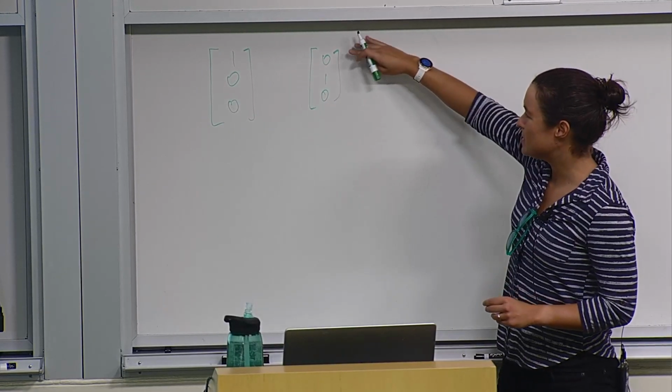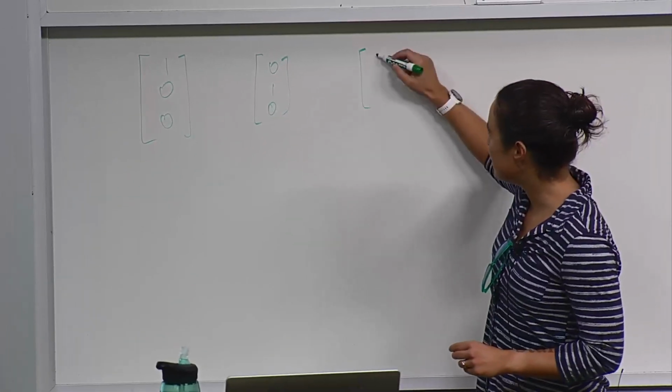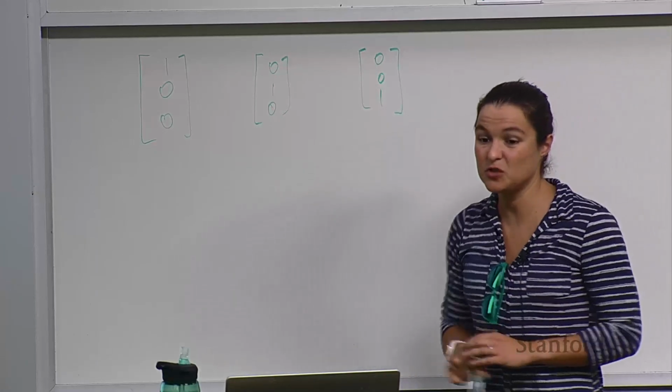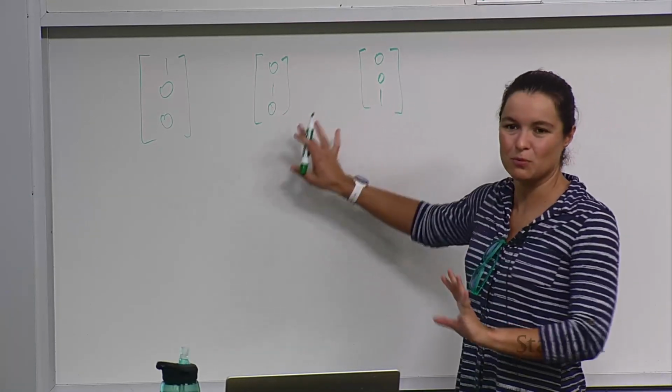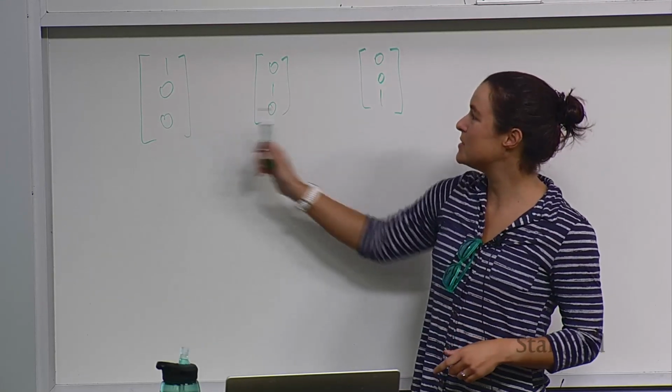The integer 2 will be denoted with a 1 in the second position, and for the third task, the task descriptor would be something like this. This would be the simplest possible way that we could tell the network what the task is: the first one, the second one, or the third one.